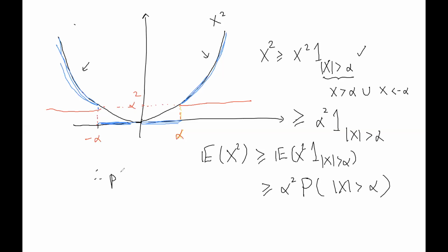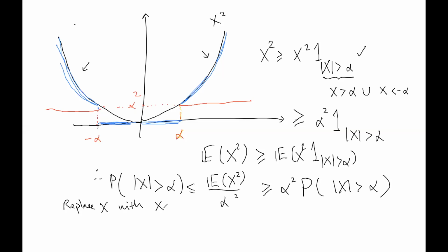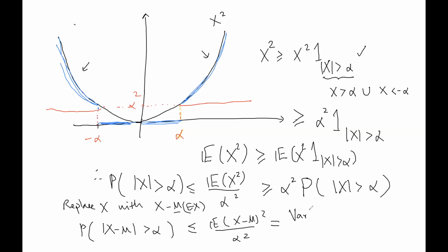And therefore, my probability of absolute x greater than alpha is bounded by expectation of x squared over alpha squared. And if you replace x with the centered version, where mu is expectation of x, then you have the following: expectation of x minus mu squared over alpha squared. And this is the variance of x over alpha squared.